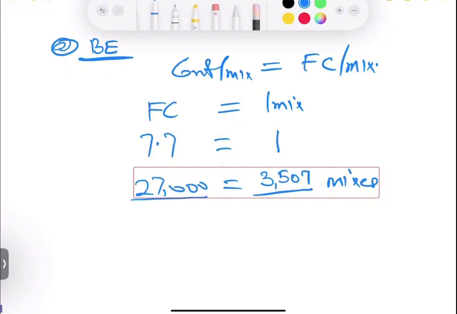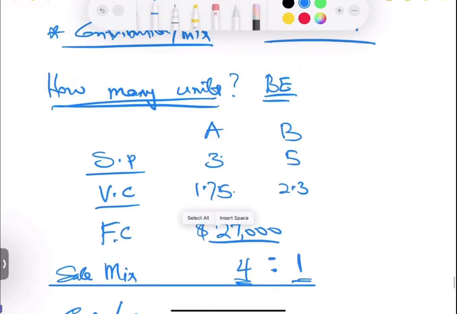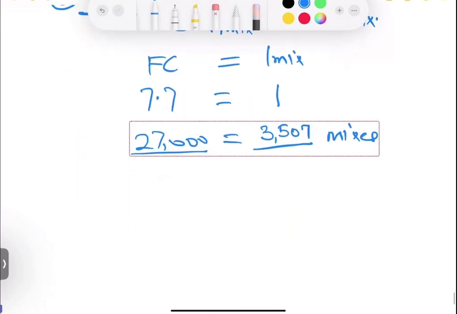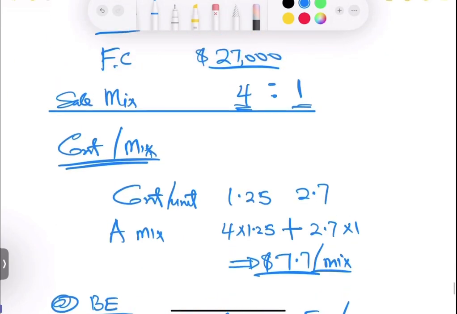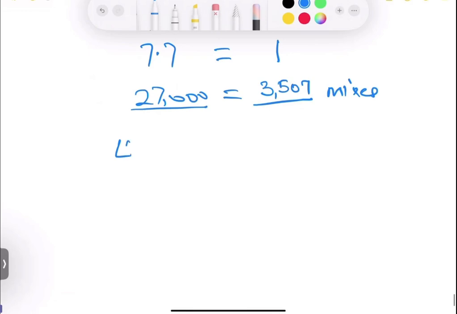But that was not the question we are asked. The question that we're asked is how many units. But we know that we cannot calculate the units without getting the number of mixes. So one thing that we know for sure is that the sale mix is always 4:1. So if the sale mix is always 4:1 for A and B, this is the mix.